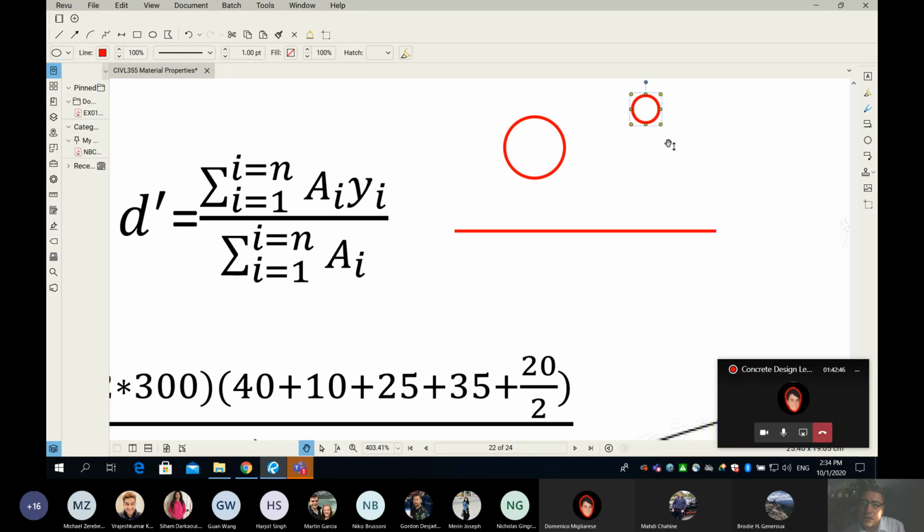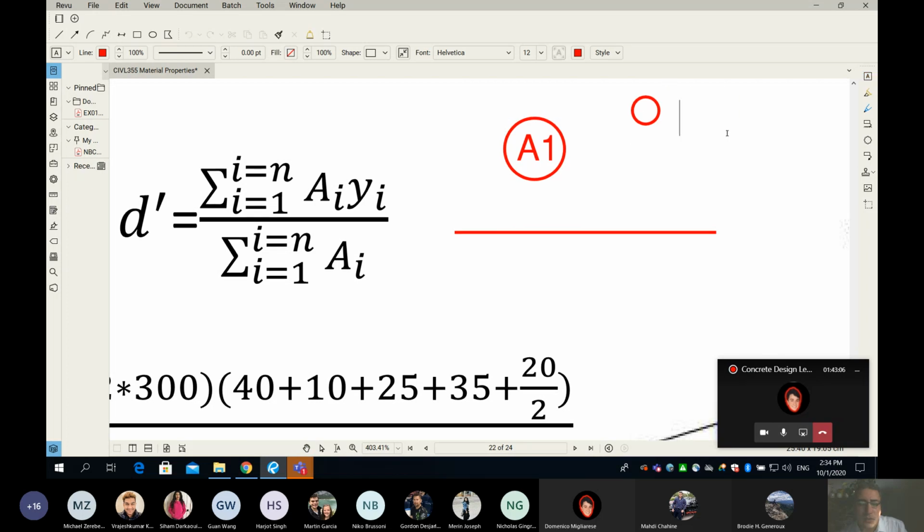So I'm going to do some labeling. I'm going to put this one as A1. Please be patient because it takes me some time to draw. And then I'm going to label this one as A2.